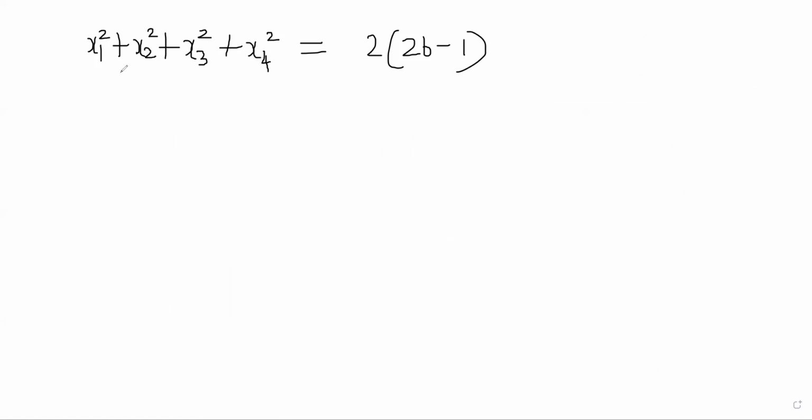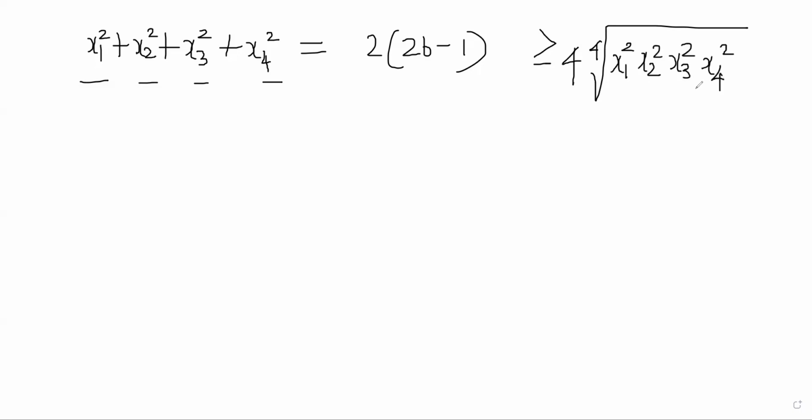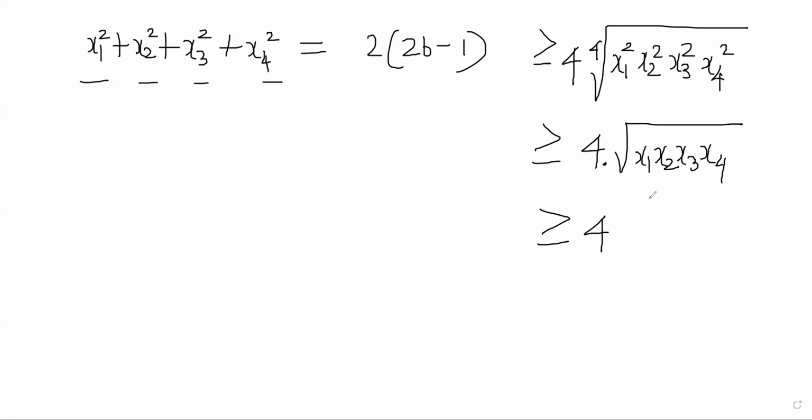But by applying AM-GM on these positive quantities, this is greater than or equal to 4 times the 4th root of x1 square, x2 square, x3 square, x4 square. So greater than or equal to 4 times the square root of x1 x2 x3 x4, and the product x1 x2 x3 x4 is a square plus b square minus r square.